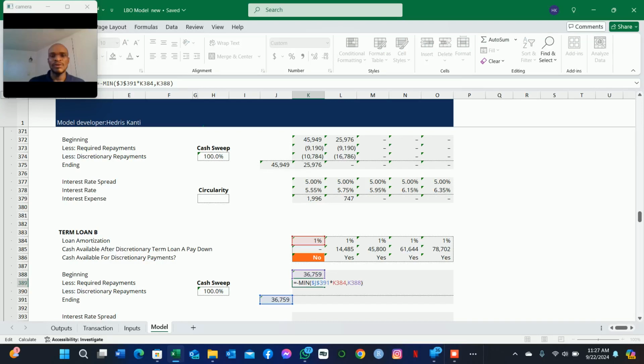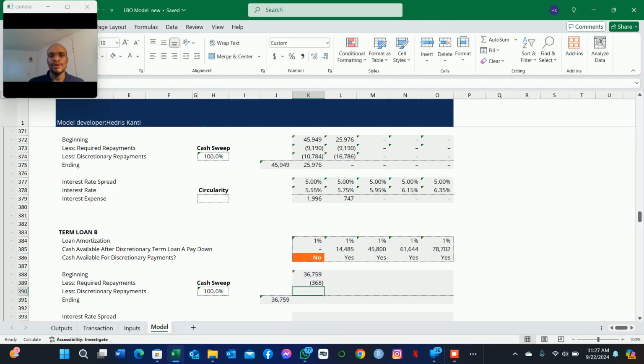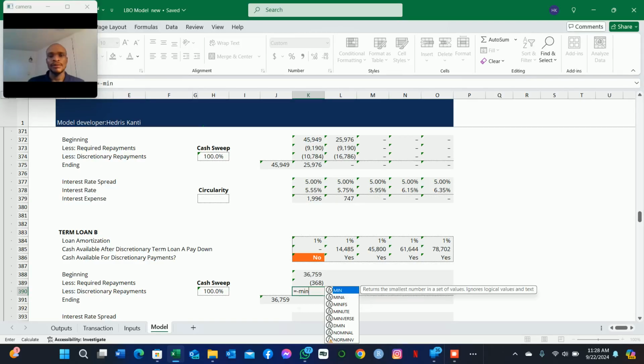So we are taking the minimum of the amount that will be paid based on the loan amortization or the opening cash balance. So that's exactly what we are doing here. For the discretionary payments, it is going to be equal to the lesser of two things.